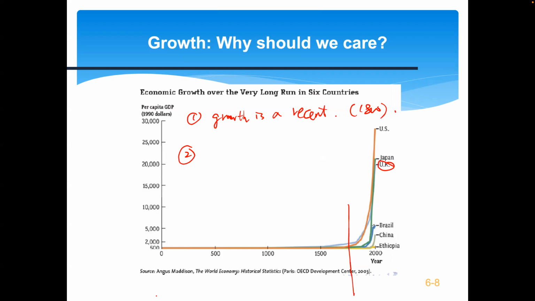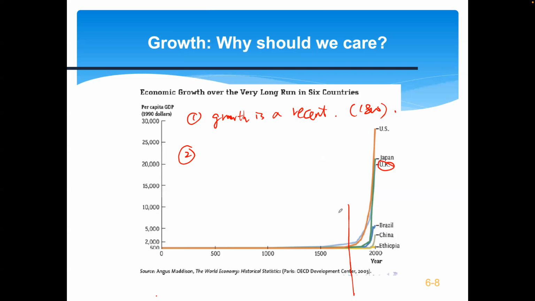Certainly one country is earlier than the other. But once they start to take off, the standard of living, or per capita GDP, grows exponentially. Again, this is a recent phenomenon. Those are 2 things we learn. The second thing I should emphasize: up to today, there's quite a difference in their achievement, but it's coming from their growth experience.